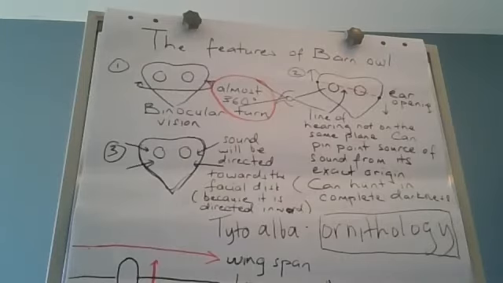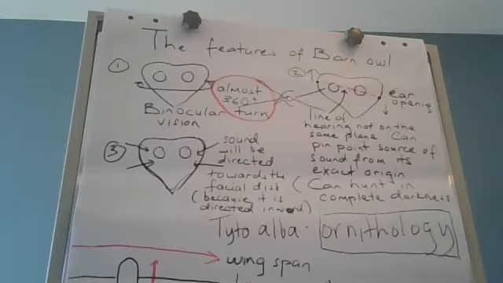So it can pinpoint the position of the prey and pounce on it by surprise. So these are the capabilities, the special ability of the owl that gives it an edge to hunt its potential prey.